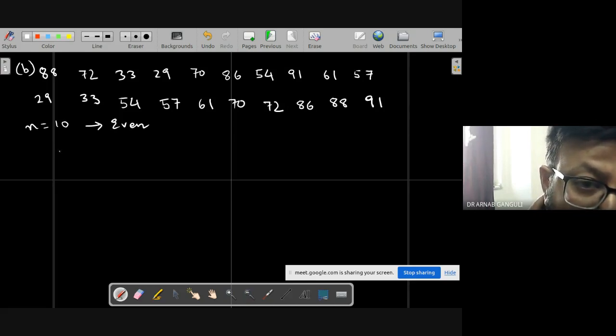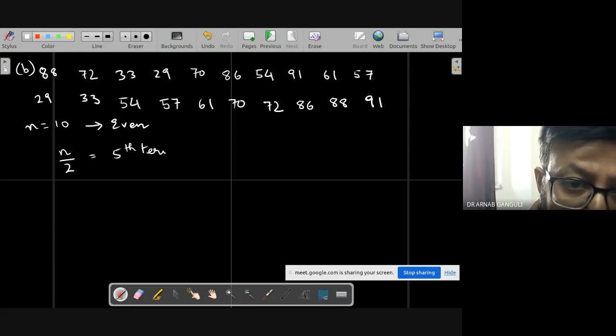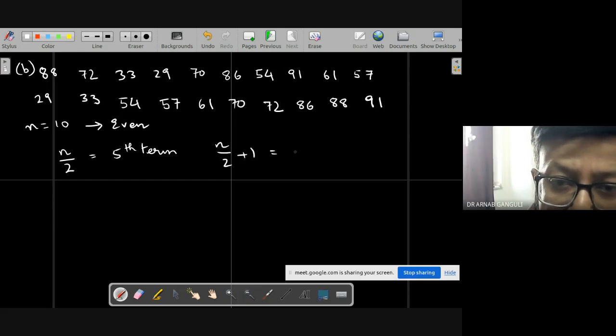One will be n by 2, that is the fifth term, and the other n by 2 plus 1, that is the sixth term.